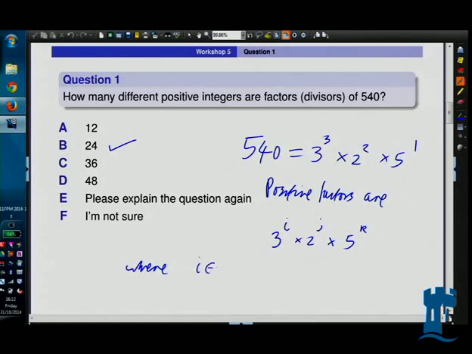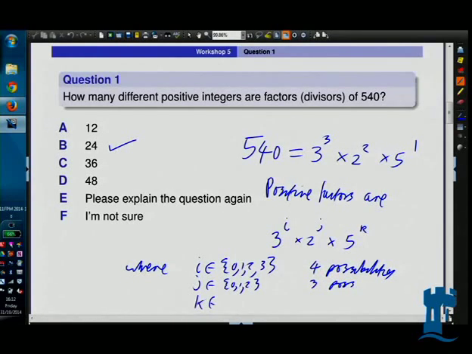So i is 0, 1, 2, or 3. That's 4 possibilities. j is in 0, 1, or 2. That's 3 possibilities. And k is 0 or 1.